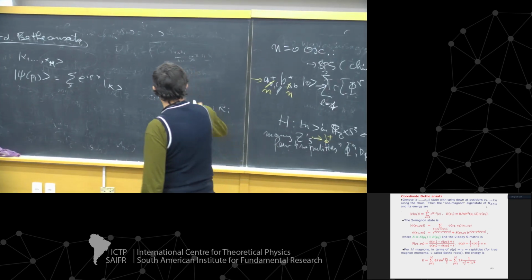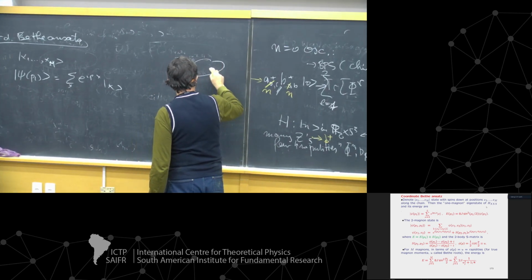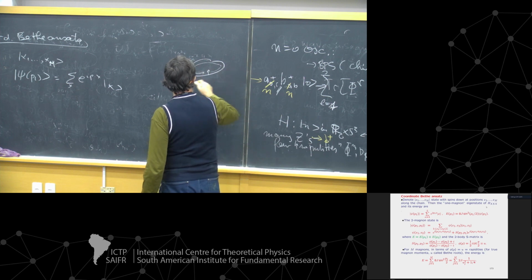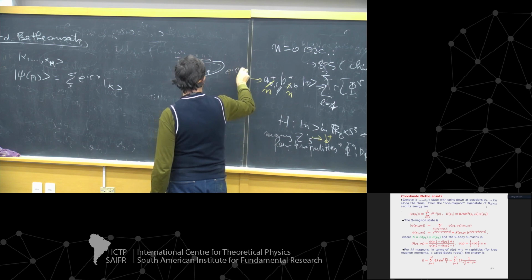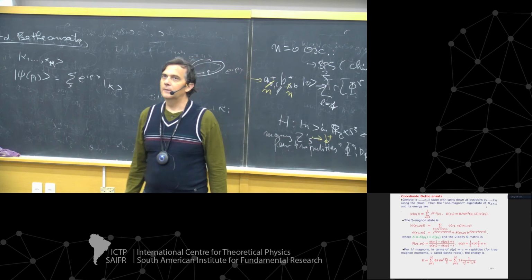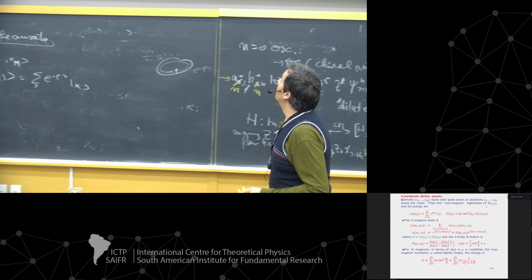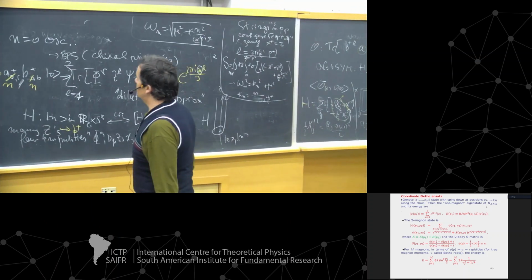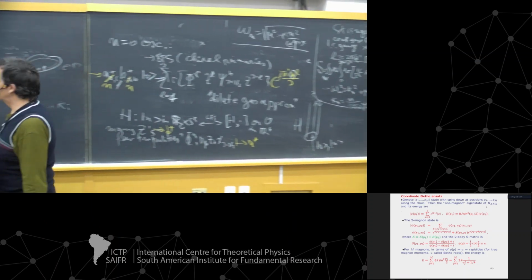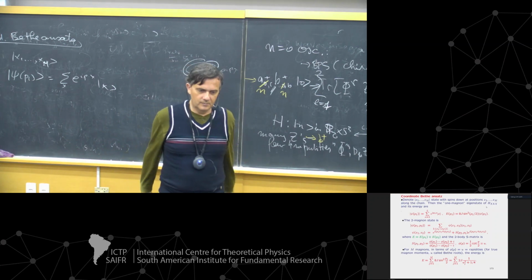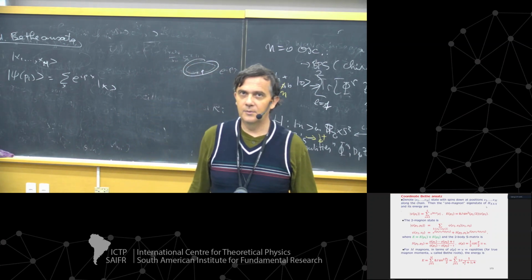So like I drew before, you have this excitation, spin up or spin down, however you want to call it, that propagates along the circle with momentum p. So that's kind of obvious what to do. Well, it's an object that propagates with momentum p.